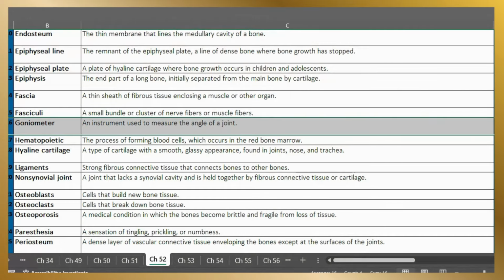Goniometer, an instrument used to measure the angle of a joint. So it's a tool to measure joint angles. Gonia means angle and meter means measure.